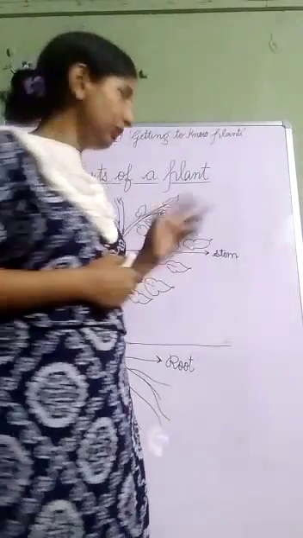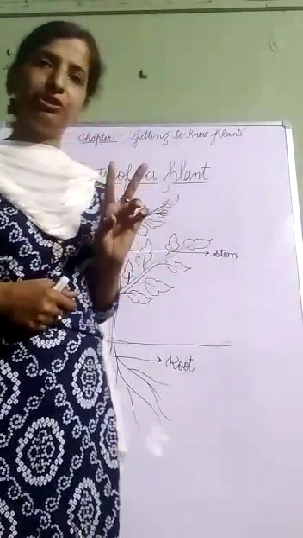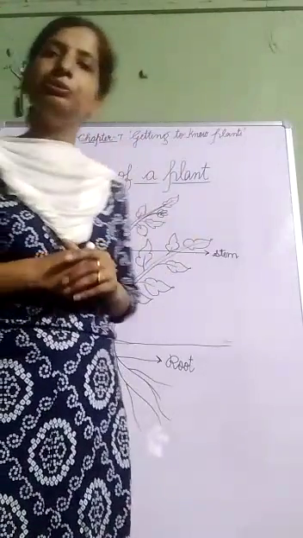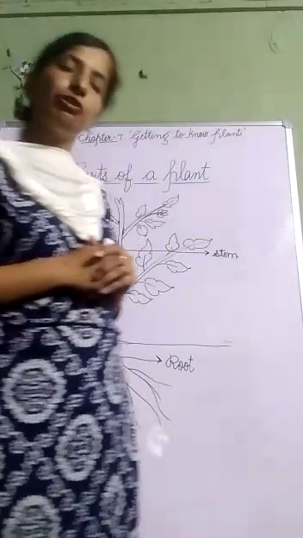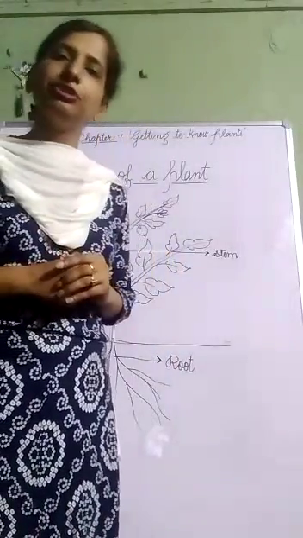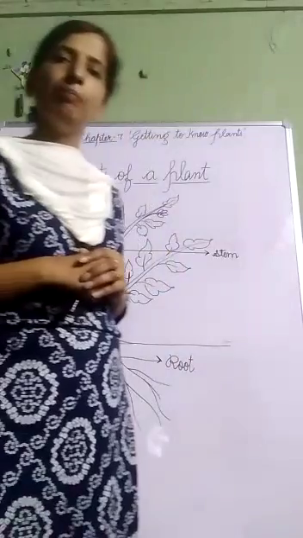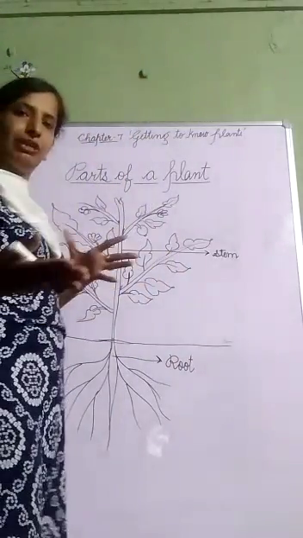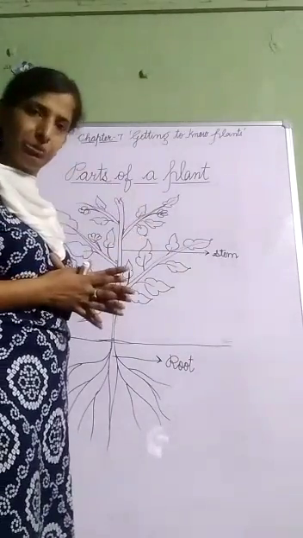Clear to everyone? So leaves perform two important functions. One, they make food for the plant, and second, they do transpiration. So photosynthesis and transpiration are two important processes performed by the leaves. We have discussed the parts of leaves in the previous video also.